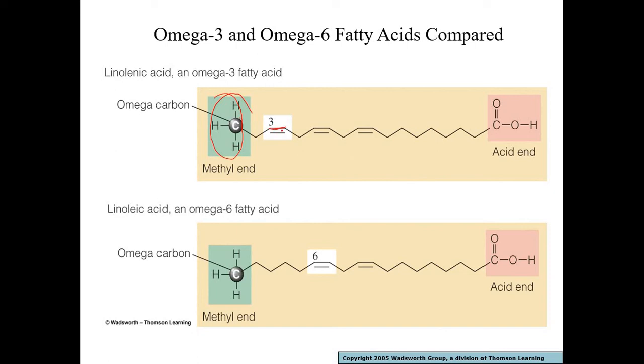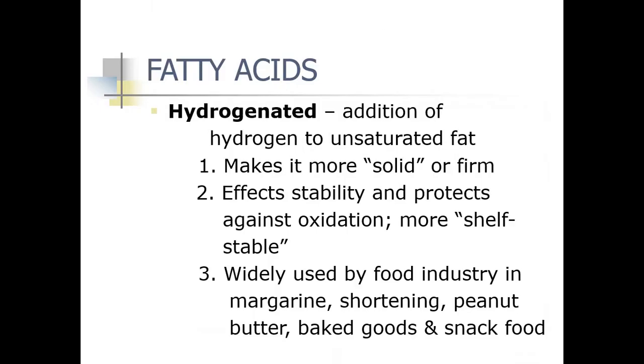Because the double bond starts at carbon number 3, it is called an omega-3 fatty acid. For linoleic, if we start counting from this carbon, that's 1, 2, 3, 4, 5, 6. So it's called an omega-6 fatty acid because the double bond starts at carbon 6 from the methyl end.